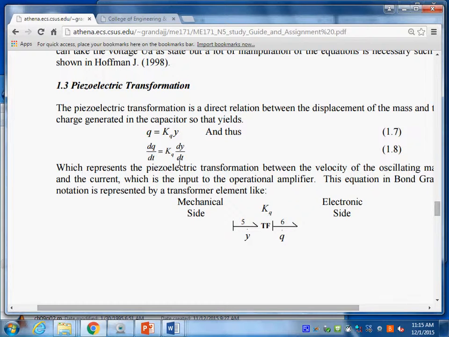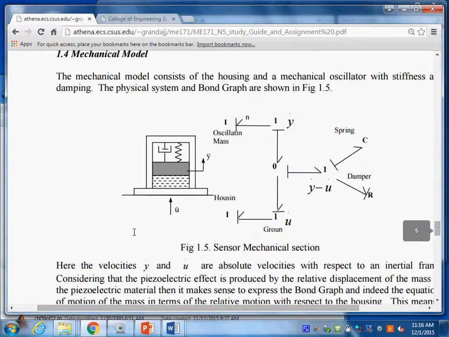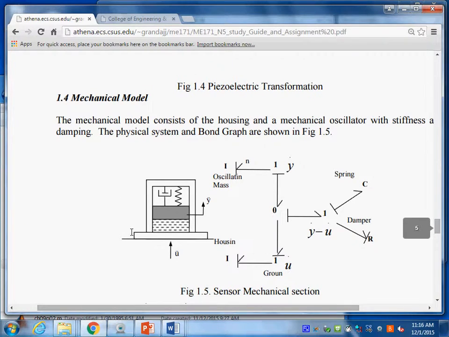So if you have a velocity on this side multiplied by the transformation on this side, we are going to get current on this side. And vice versa is true. You have the voltage on this side multiplied by this relates to the force applied on the device. So that's the piezoelectric transformation. That was easy.